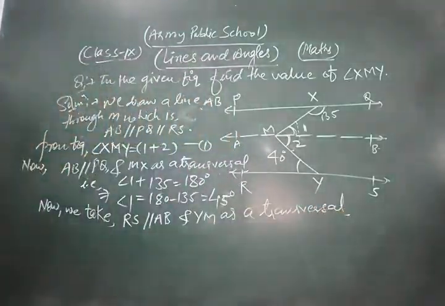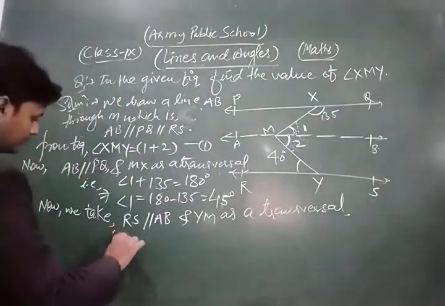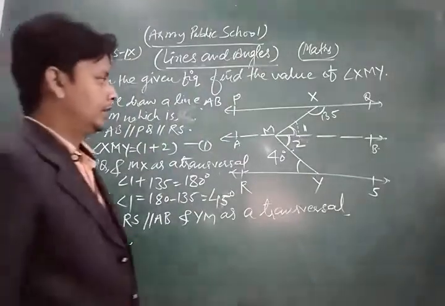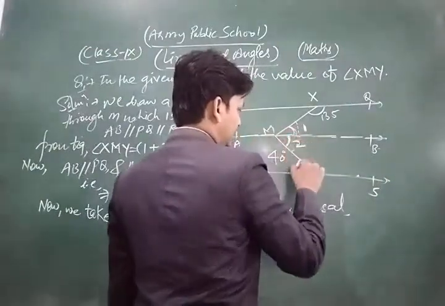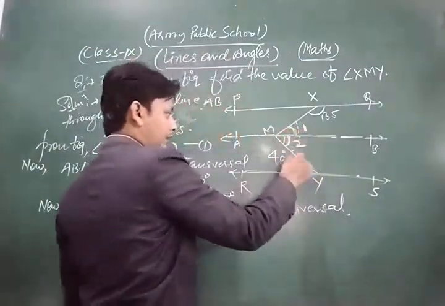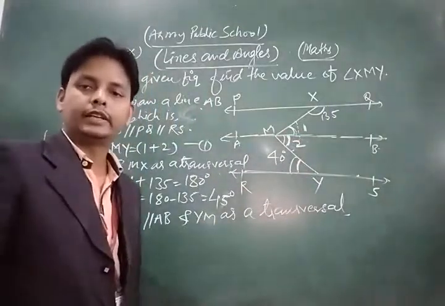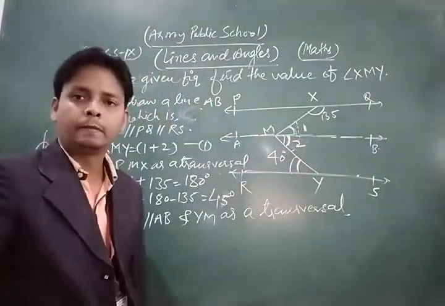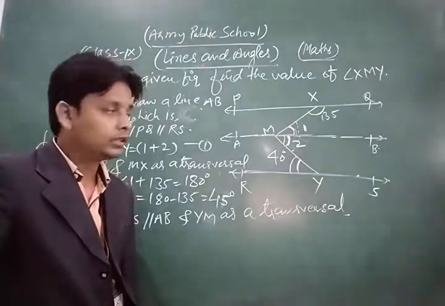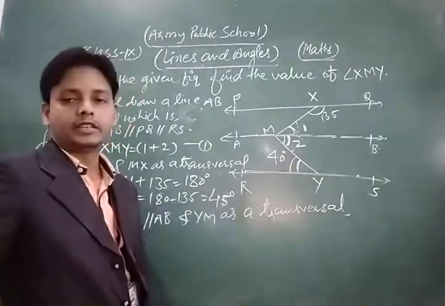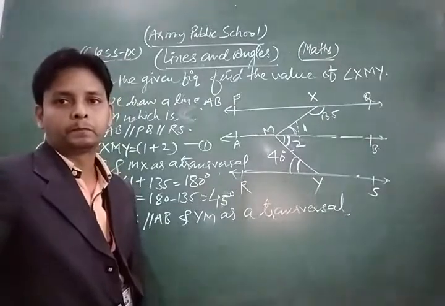Look, dear student, if this line is parallel to this one, then these are the alternate interior angles, angle 2 and 40 degrees, and you know that when two parallel lines are cut by a transversal, the alternate interior angles are equal to each other.